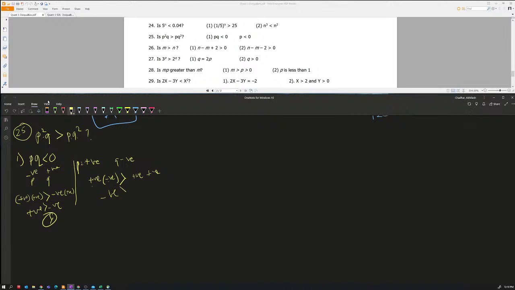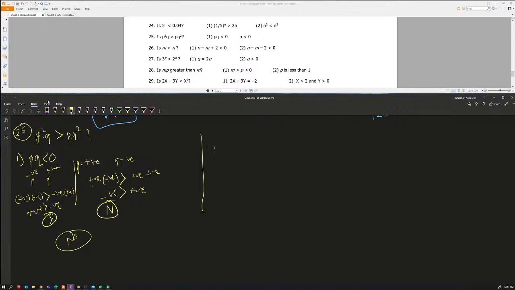So negative is greater than positive is a no answer. So we get a yes answer, we get a no answer. But do we get a conclusive answer? So this is not sufficient.